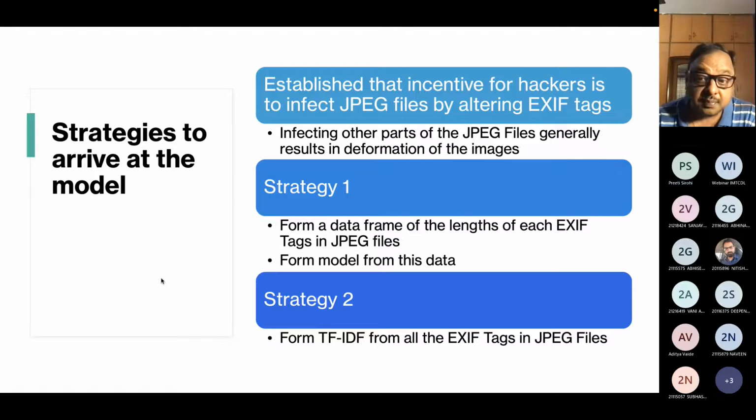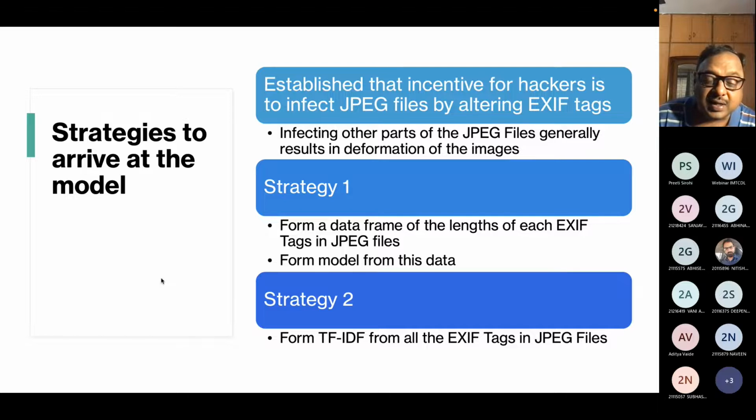So what was done was that all the data in the JPEG files contained in the EXIF tags was extracted, and then I found out the length of each EXIF tag in the JPEG file.